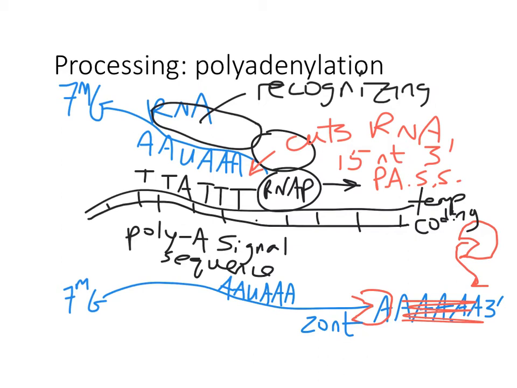So at this point, we've seen the three different steps in messenger RNA processing: addition of the cap, addition of the tail, and splicing.